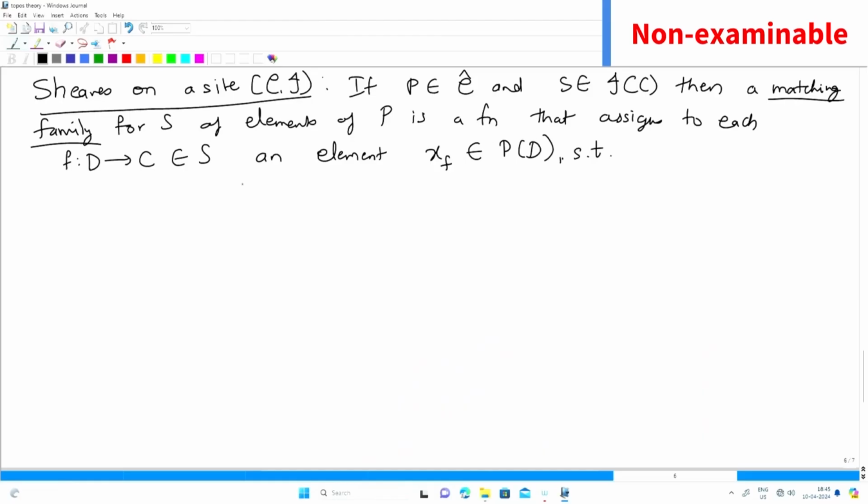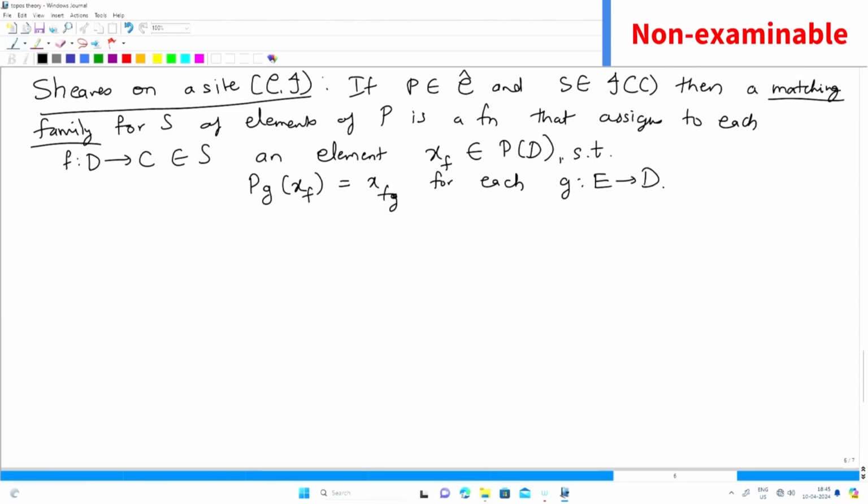Well, that's precisely what we did, right? And such that, of course, the condition is there that P of g applied on xf is equal to xfg, for each g from E to D. Because we have to talk about a sieve.